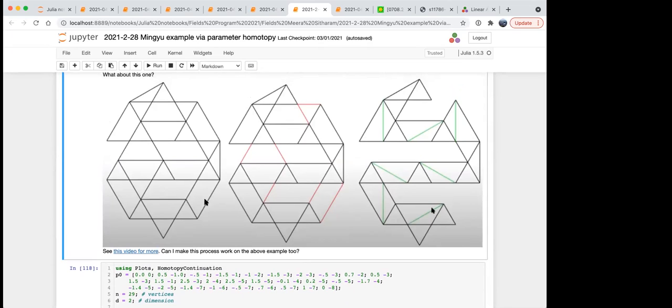So given your original graph, if you can just somehow make it simple, then you could apply this process. Correct. And the fewer parameters, the better for you, right? Although I find that a parameter homotopy, even in a larger number of variables, doesn't take any longer.